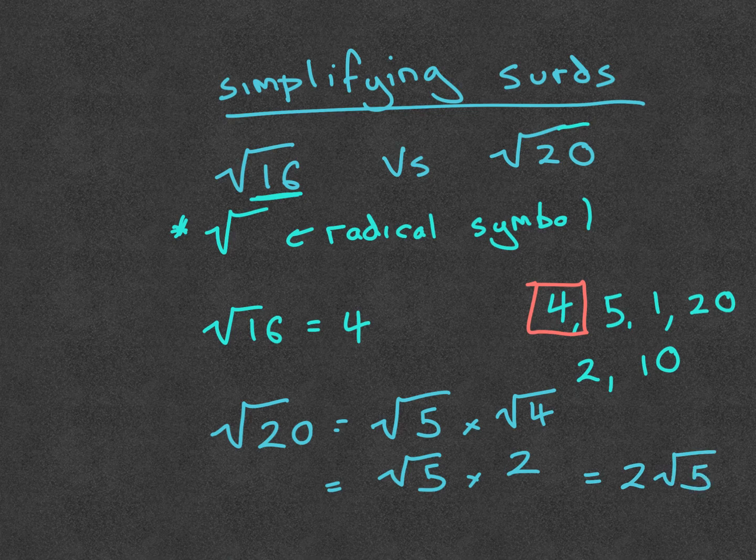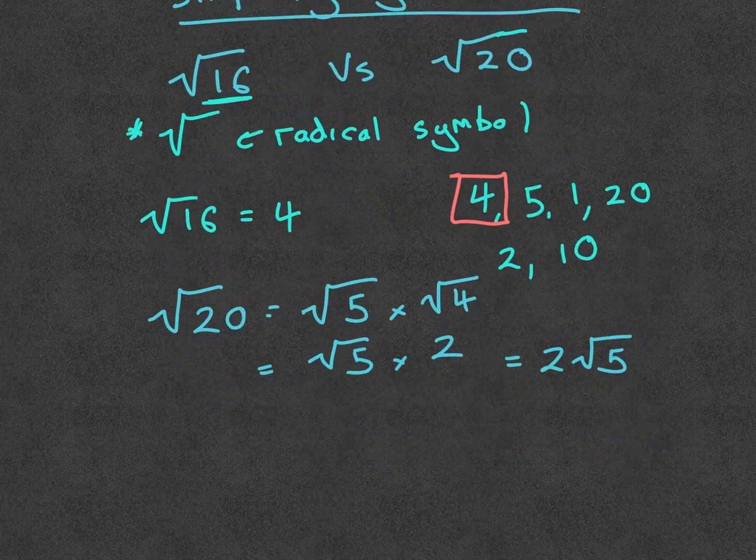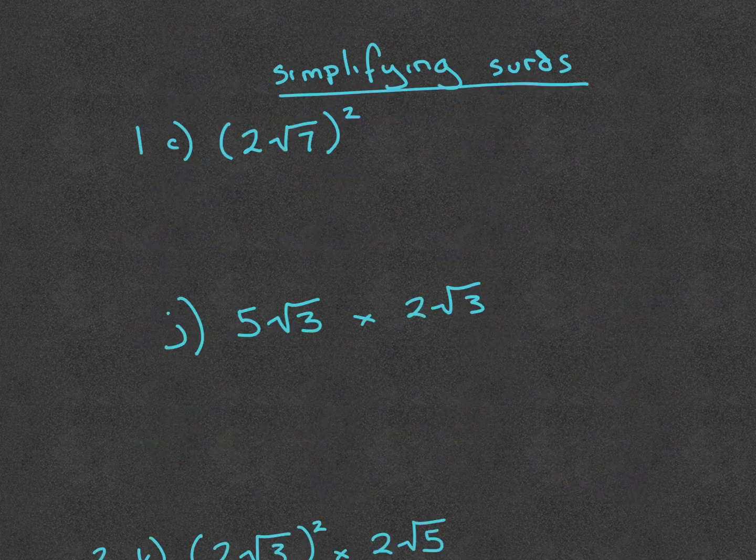So now we're going to look at some examples of how we can simplify these surds. Okay, let's look at these examples here. First example, we've got 2 root 7 squared. The first thing that I'm going to do is write it out like this so that we know exactly what's going on.